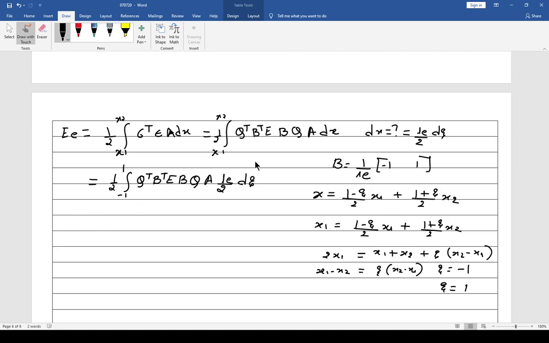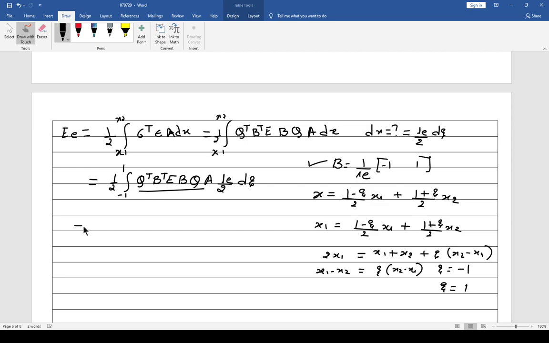Okay, so now I see B is independent of xi, so there is no xi involved in B, so B is constant. Q is the displacement, E is the modulus of elasticity, and the area of an element is also going to be constant because it is not going to change within the element. So all these terms are constant.